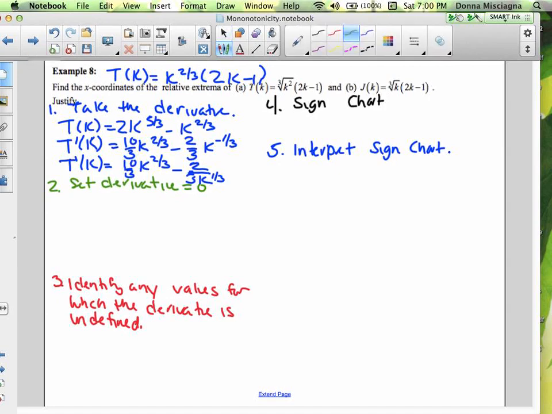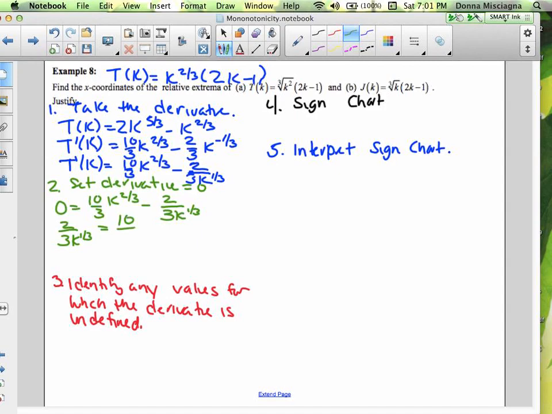All right, so we have 0 equals 10/3 k to the 2/3 minus 2 over 3k to the 1/3. Now, I could try to factor something out, but I think much easier would be to add the 2/3 k to the 1/3.